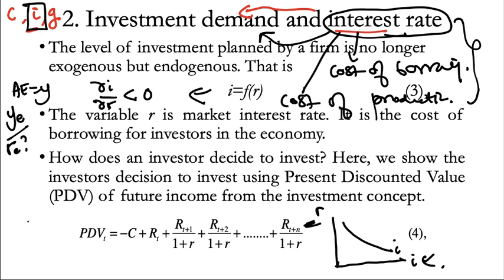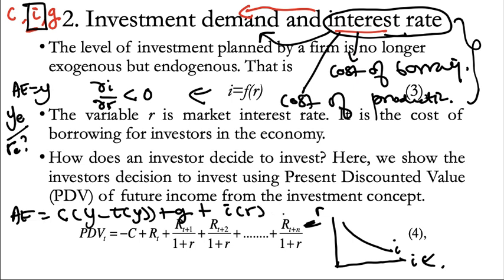Alright, so here we have AA equal to C as a function of disposable income, remember, and then we have G exogenous, and then we have I as a function of interest rate. Alright, so from here, in equilibrium, it equals real output.